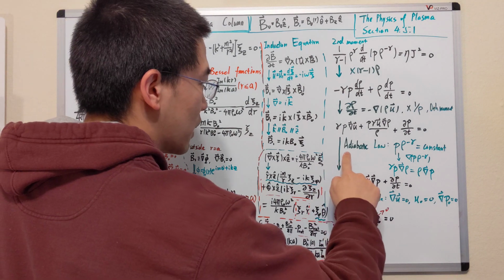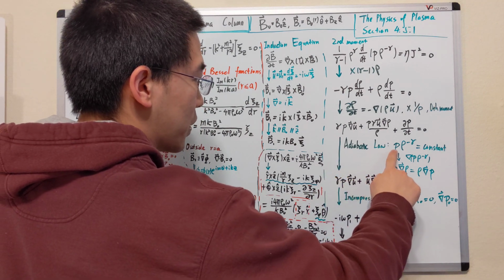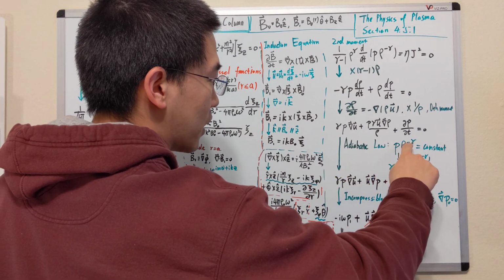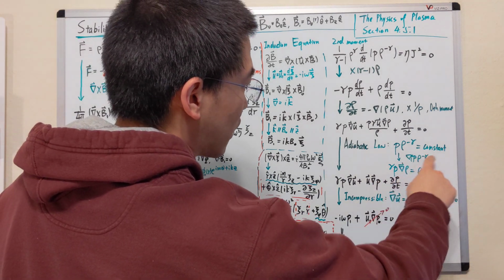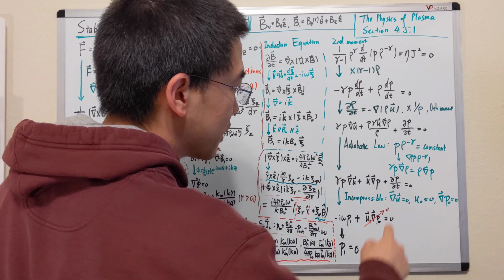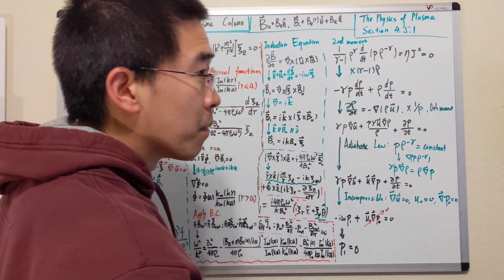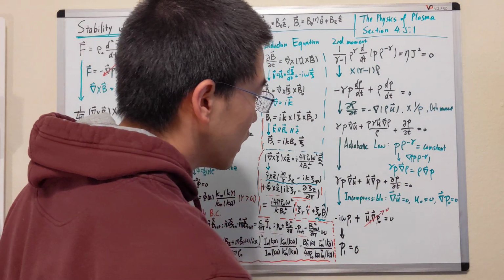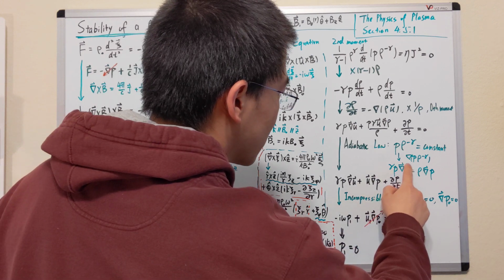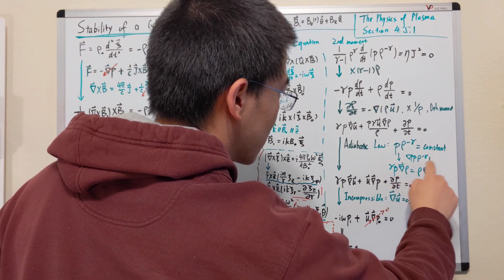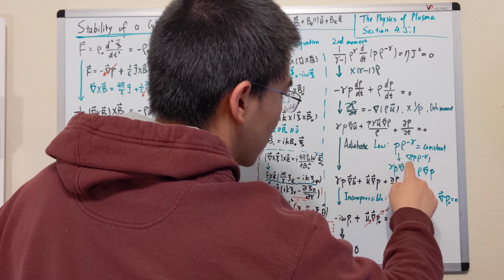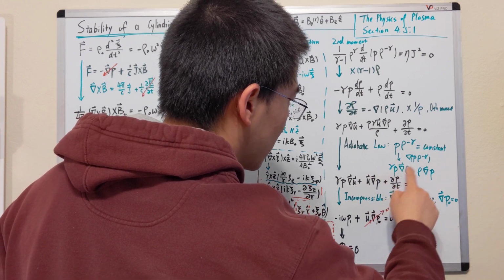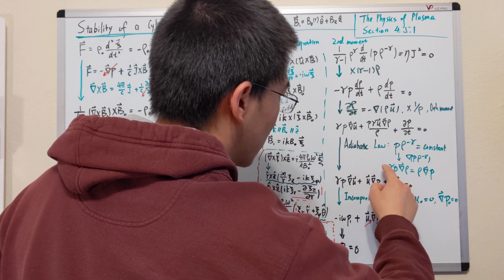And we utilize the adiabatic law. Basically, p rho to the negative gamma is constant, and since it's constant, if we take the gradient, it should give us zero. So doing the gradient of this equal to zero will give us this expression.